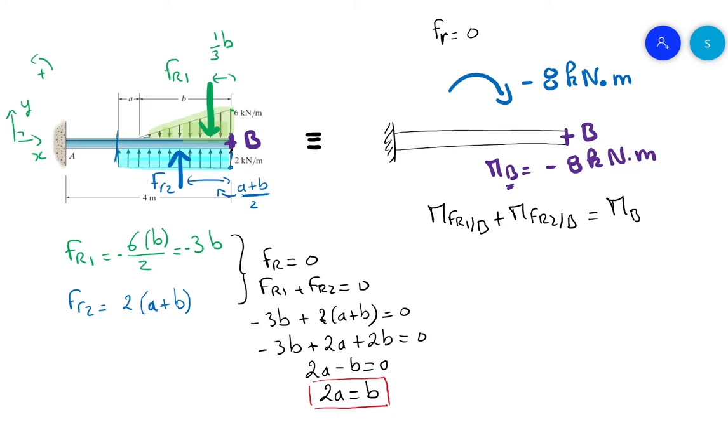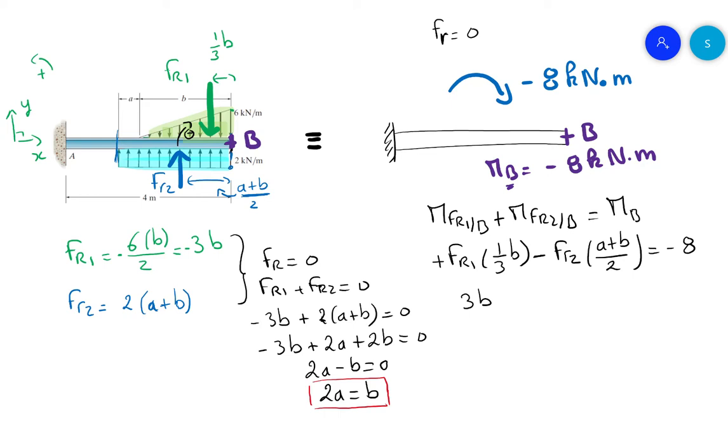We have on this side plus FR1 times 1/3 of B, and minus, because this one goes in the negative direction and this one goes in the positive direction. So minus FR2 times A plus B divided by 2, and everything is equal to -8. Okay, so we have FR1 that is 3B.